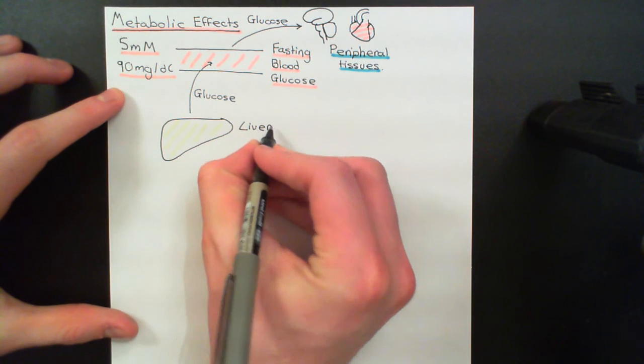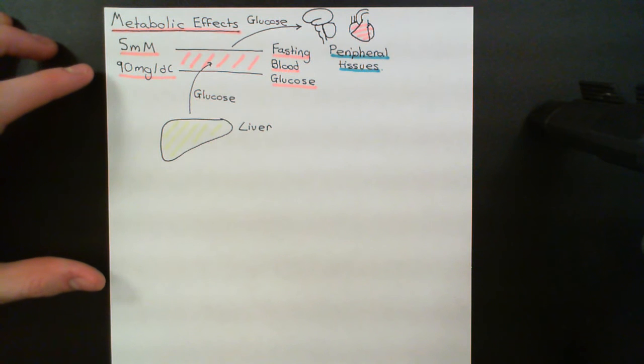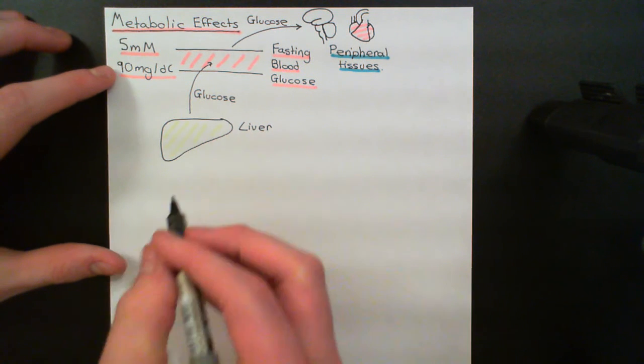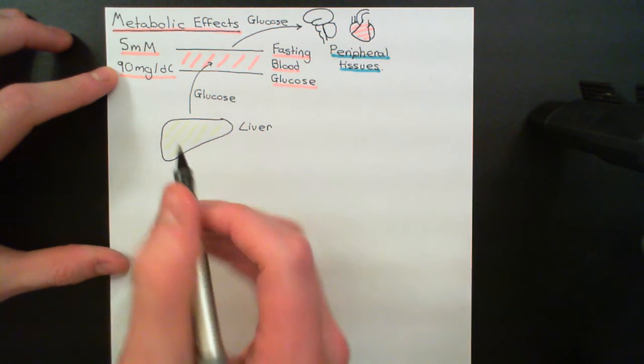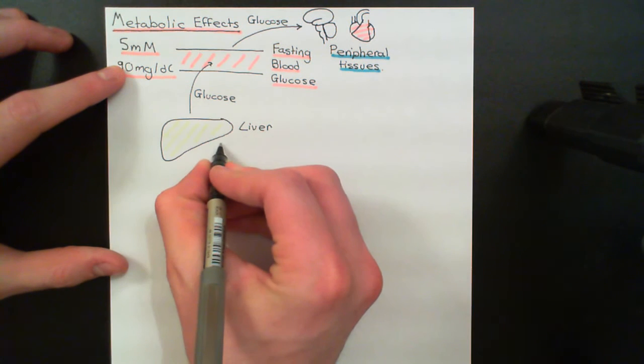Now, where is the liver actually getting the glucose that it's putting into the bloodstream from? Well, of course, there are two ways that the liver can get glucose. One is that it can break down glycogen molecules that it has stored within its cells. So in all of the hepatocytes, you have glucose stored in a great big polymer known as glycogen.